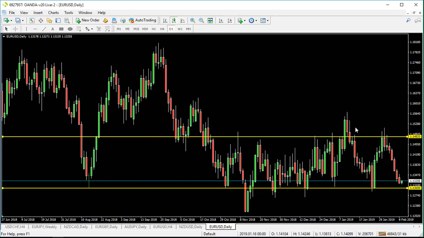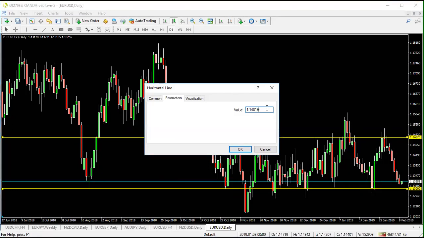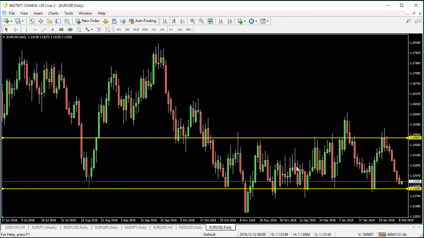I like this area right here, 14820. Let's see if we can get a whole number. 14800. Now we're at 14800. You can see it's held itself.